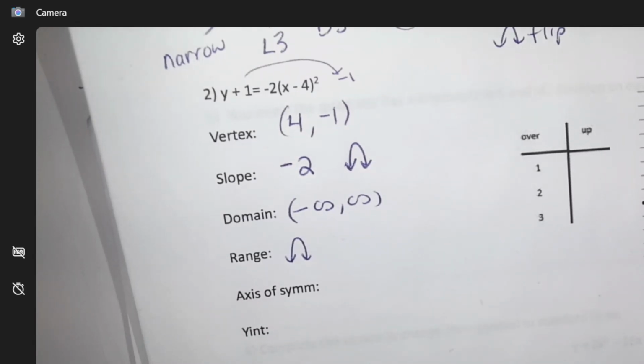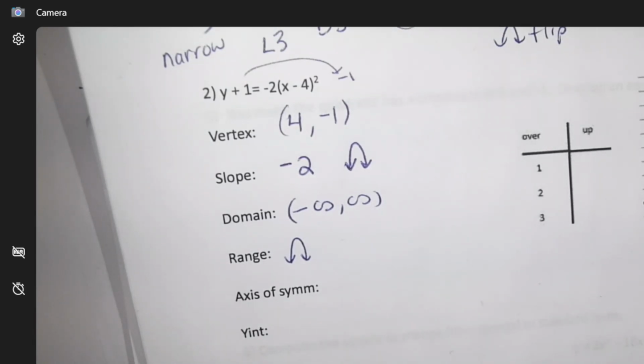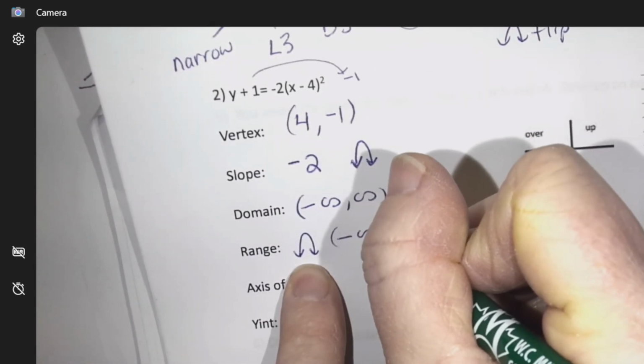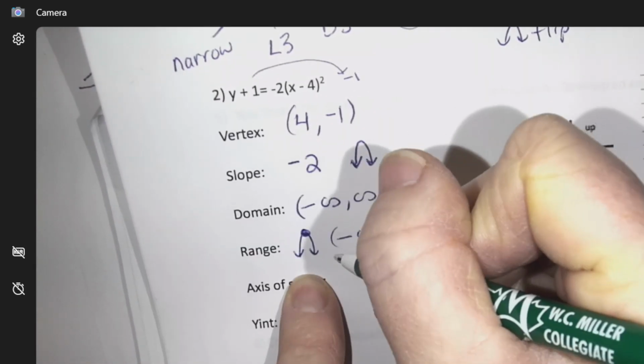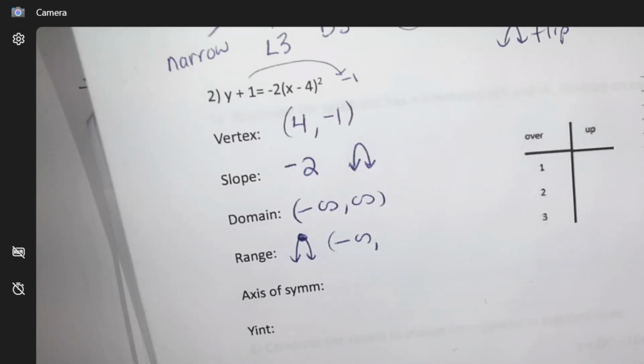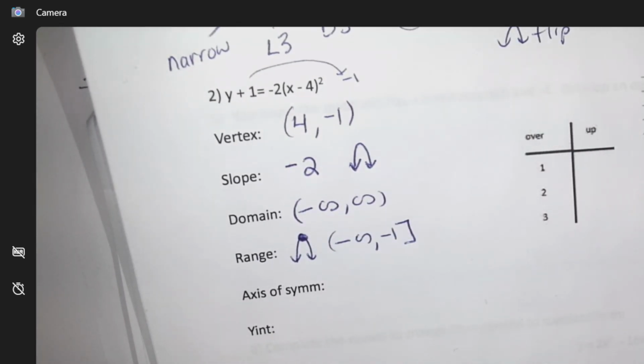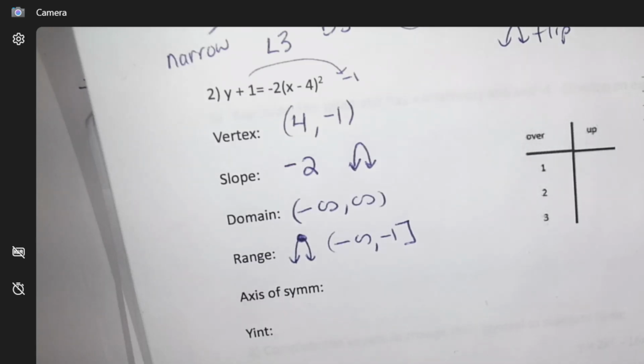Okay, range. I'm going to draw that little picture for myself again, showing the heights go from what low to what high, down to up. So going down, we're going negative infinity to the top height of negative 1, with a square bracket, inclusive, right?